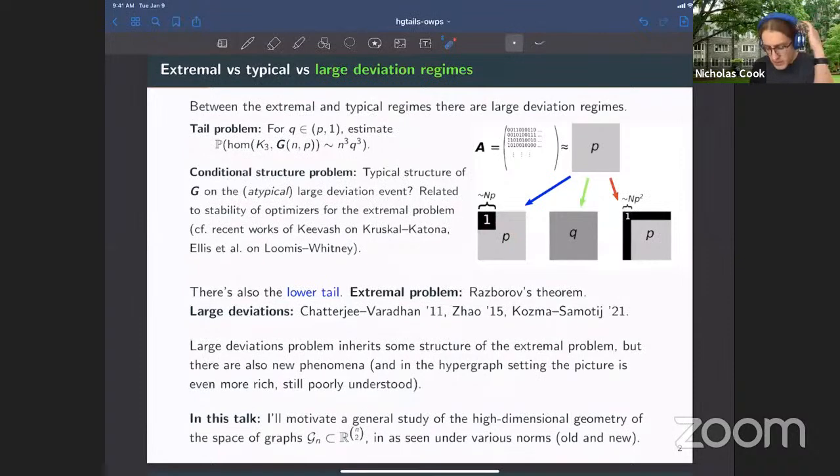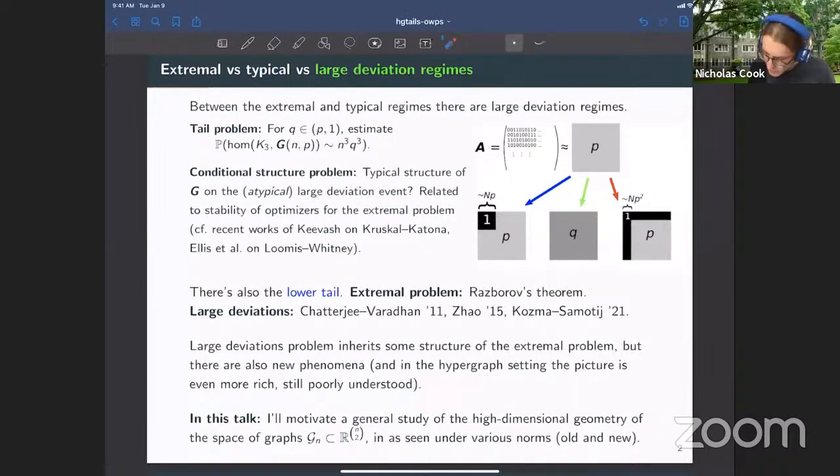This construction is inherited from, or suggested by, the extremal problem. If you really just want to maximize triangles, you put all of the edges in a clique. And here we can do something like that: we take the excess edges and pack them all into a clique. So we get all of our extra triangles by planting a small version of the extremal problem, which ignores the rest of the graph.